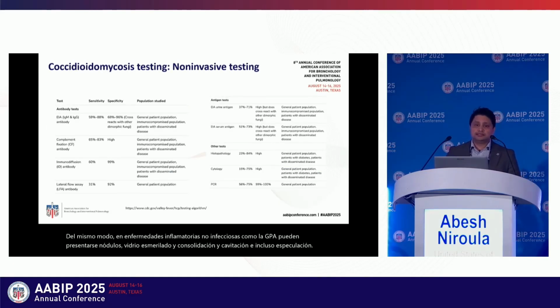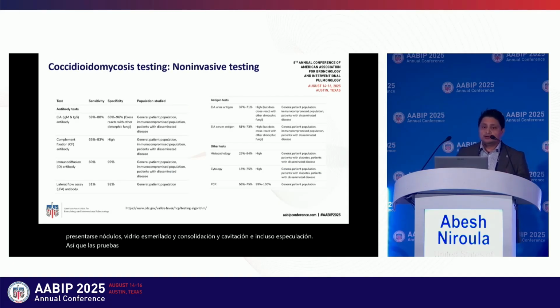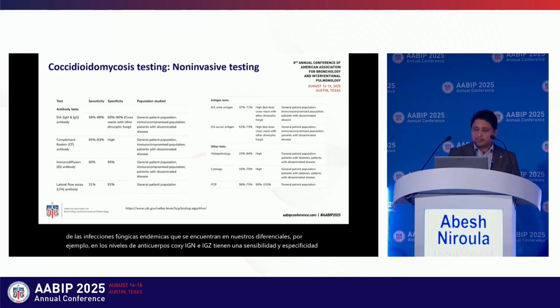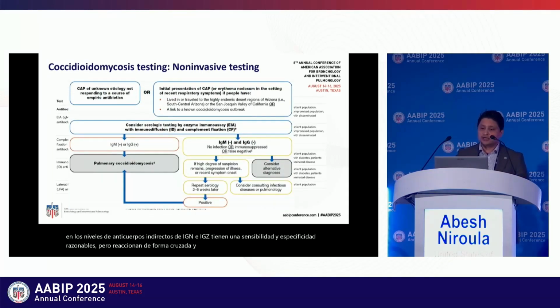So non-invasive testing has some role, and let's look at that in a few of the endemic fungal infections that are in our differentials. For example, in cocci, antibody IgM and IgG levels have reasonable sensitivity and specificity, but they do cross-react. If there is a high suspicion of infection, even if the serologies are negative, we might have to consider retesting or even biopsy.